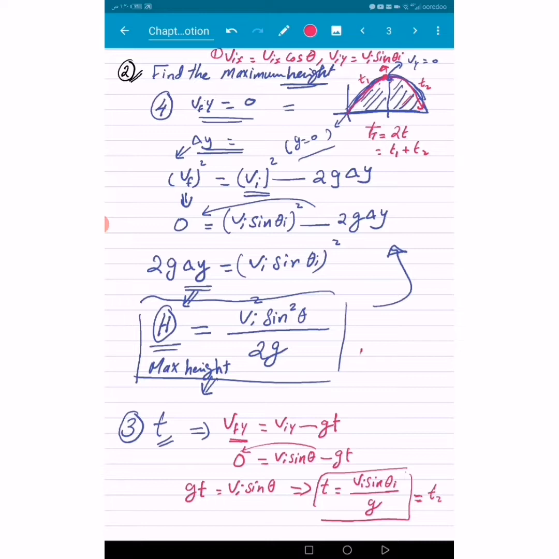So the T total is equal to 2 times this T, so it's equal to 2 Vi sine theta divided by G. So that is the total time.